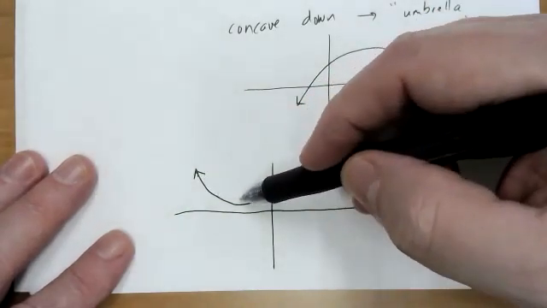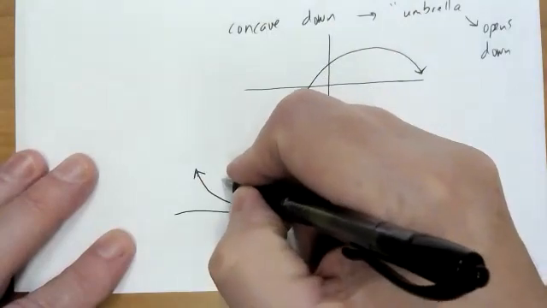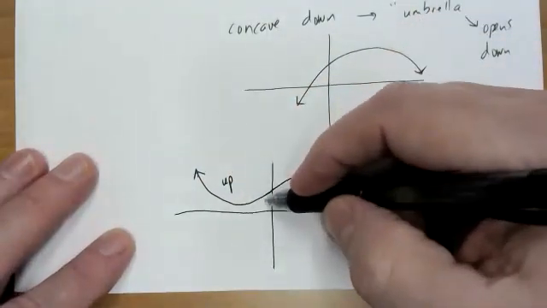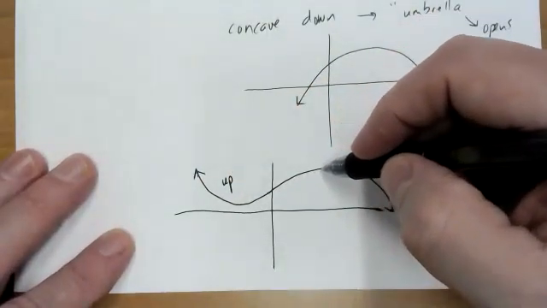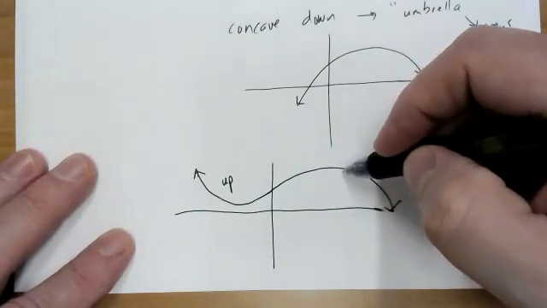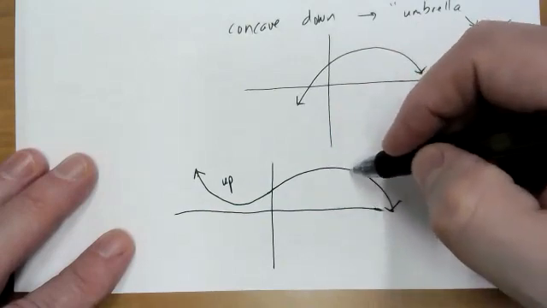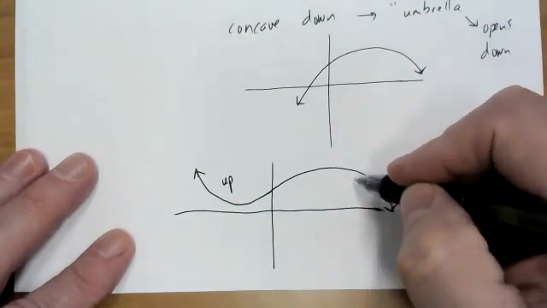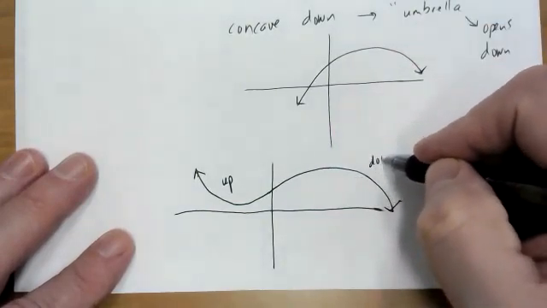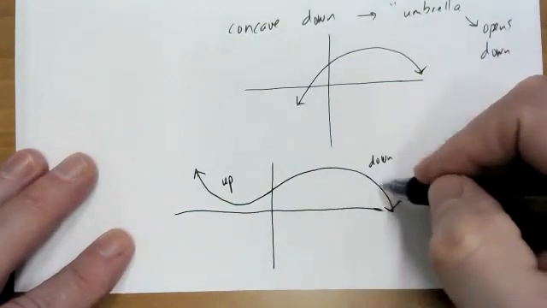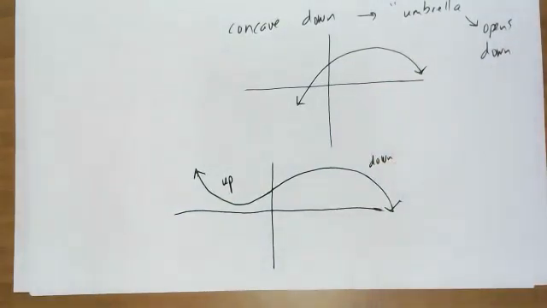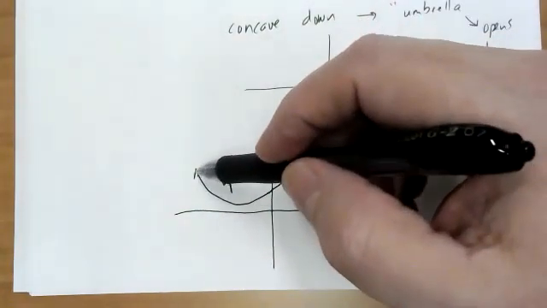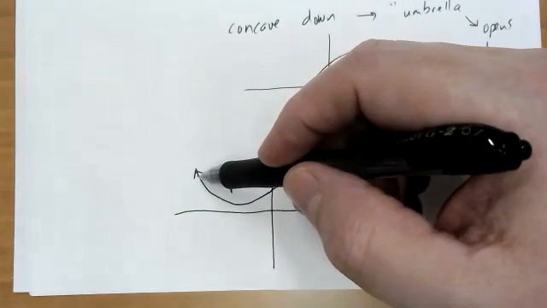So here, it definitely feels like it's concave up. But then once I get to here, especially when I get over in here, it's definitely like an umbrella. So this part of the graph is definitely concave down. So hopefully you can sort of see what I'm talking about. This graph starts out as concave up.